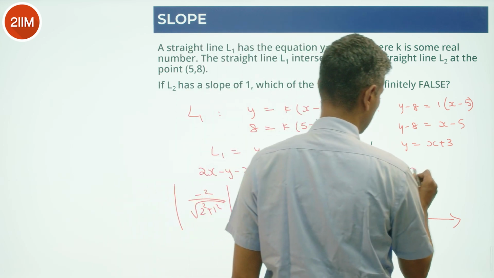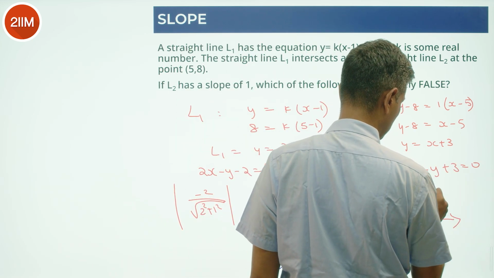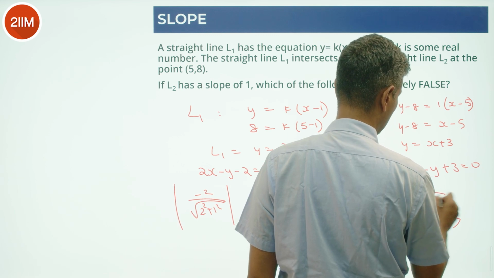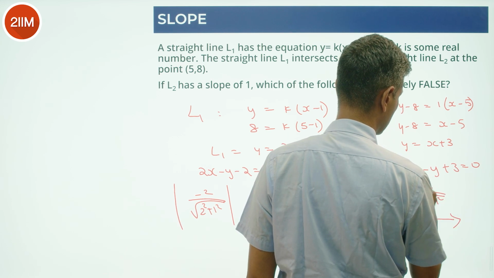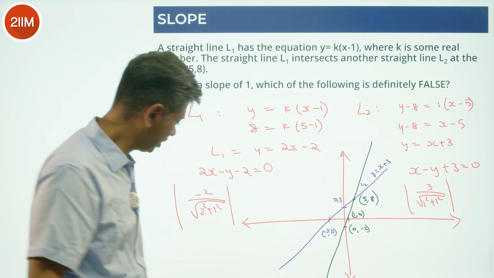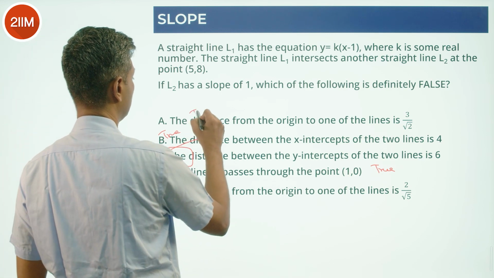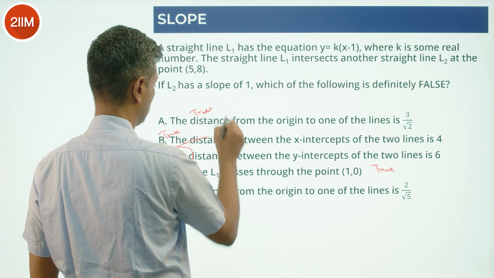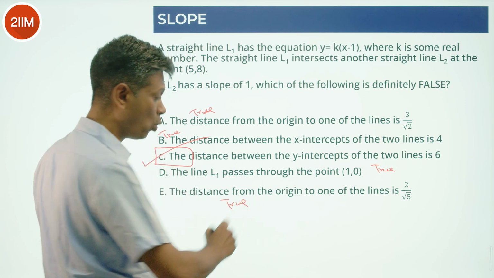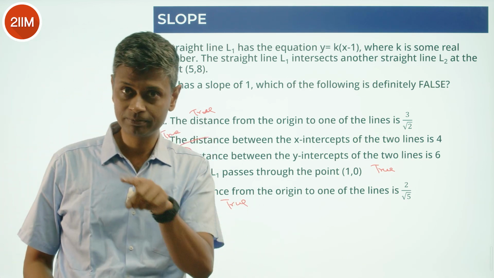This equation is x minus y plus 3 equal to 0. From 0, 0, distance is 3 by root of 1 square plus 1 square under modulus, 3 by root 2. Yes, this is 3 by root 2. That is 2 by root 5. Both of these are true. The only thing that is certifiably definitely false is statement C.